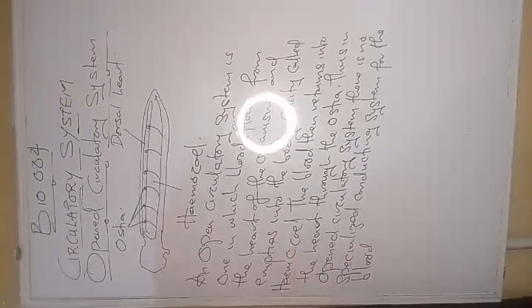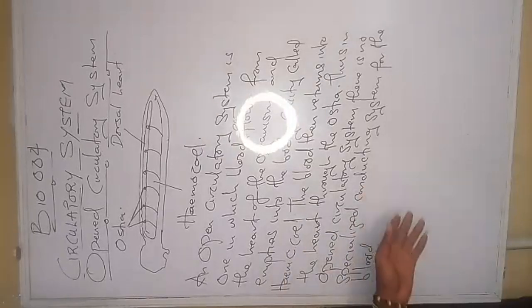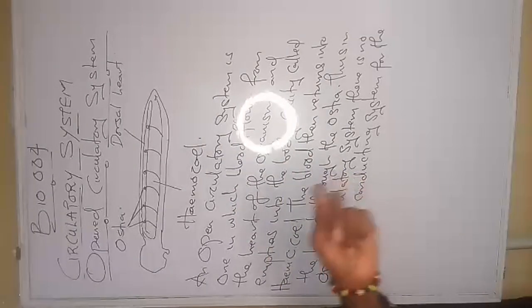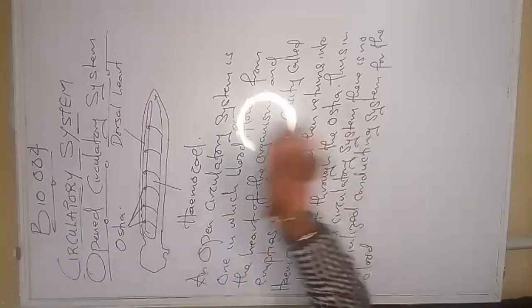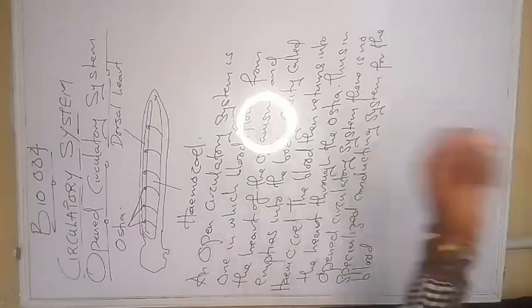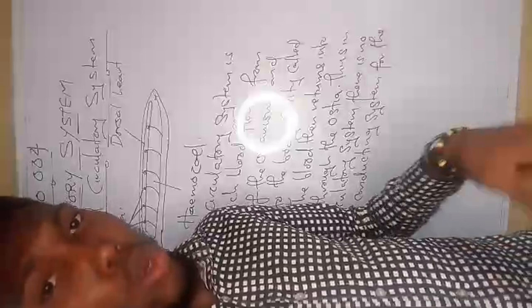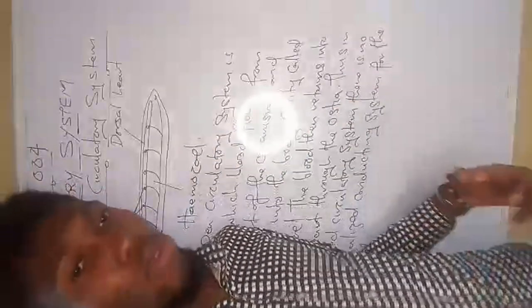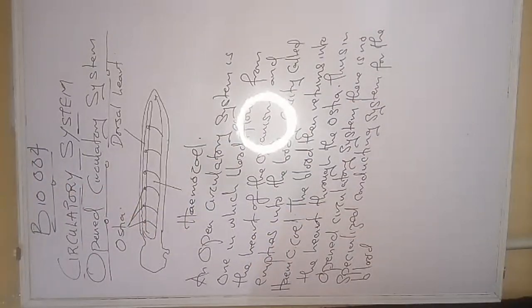Since there is no hemoglobin in the hemocoel, that makes us have a non-reddish blood. The blood will be colorless. So that's what happens there.